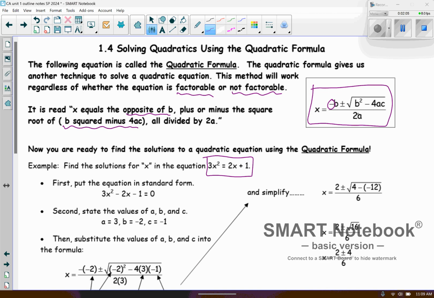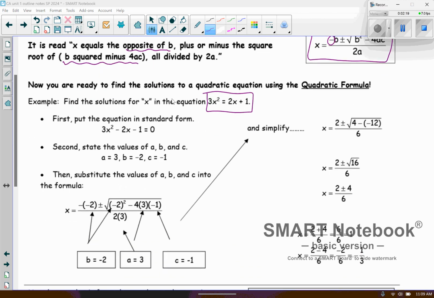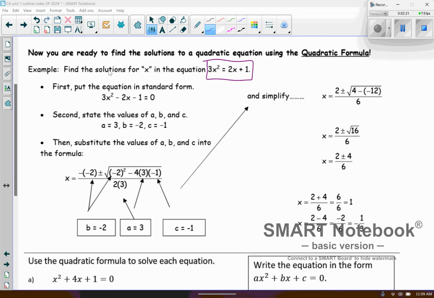All right, so now we are ready to find the solution to the quadratic equation using the quadratic formula. Like I said, on this first one, I picked one where the numbers work out fairly nice. Right here in our example, we first have to put this in general form or standard form.